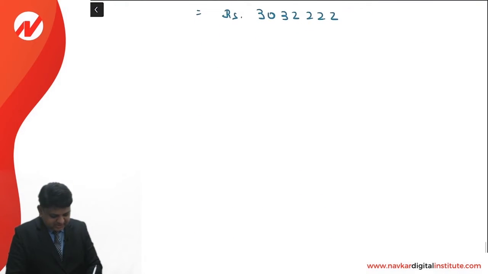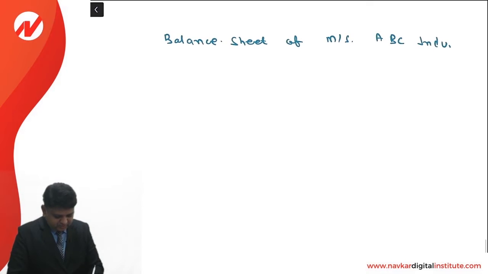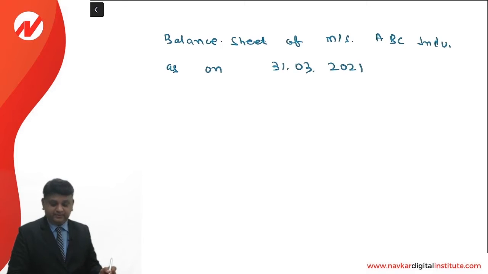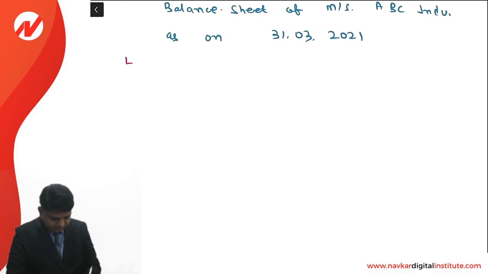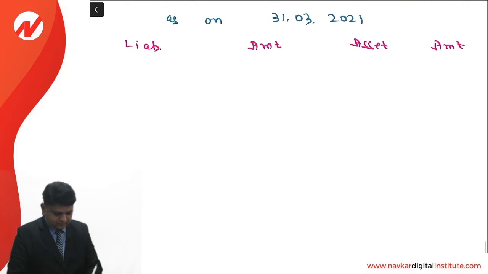So final answer will be like this. Balance sheet of Messrs. ABC Industries as on 31st of March 2021. Liability amount, asset amount. Equity share capital that is given to us in the question, an amount of rupees 20 lakhs.